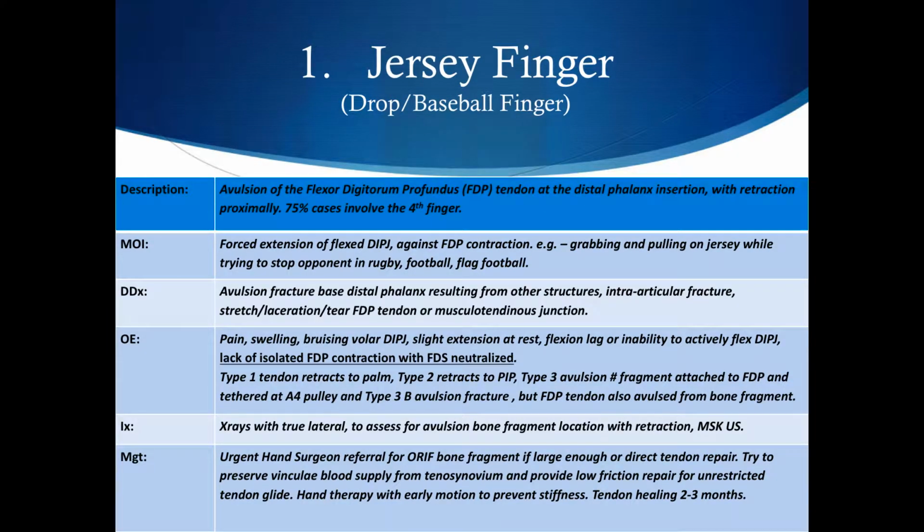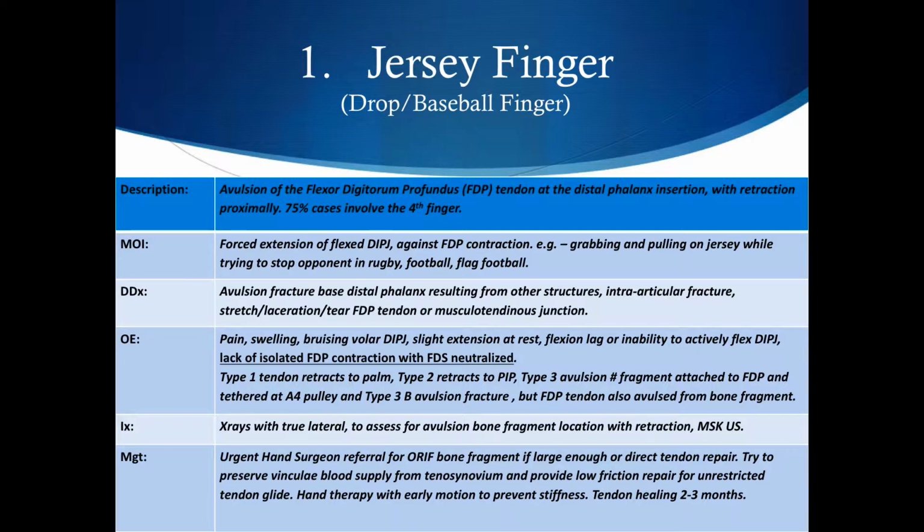Differential diagnosis would include distal phalangeal fractures or intra-articular fractures, as well as volar plate injury and injury more proximally along the FDP tendon or at the musculotendinous junction. Physical findings would include pain, swelling, and bruising in the volar aspect of the DIP joint.